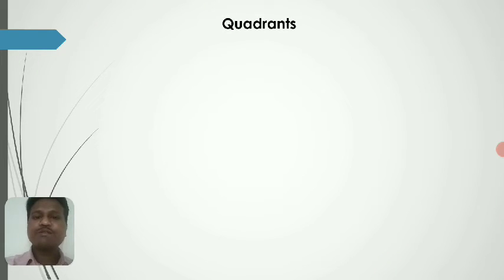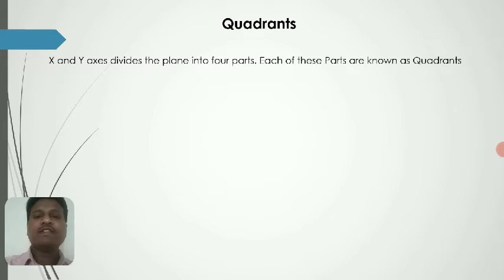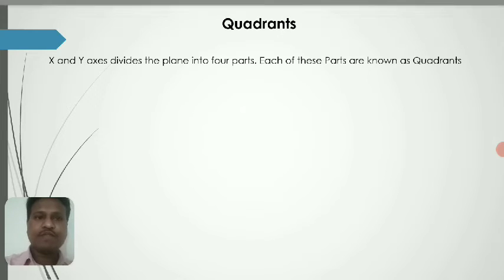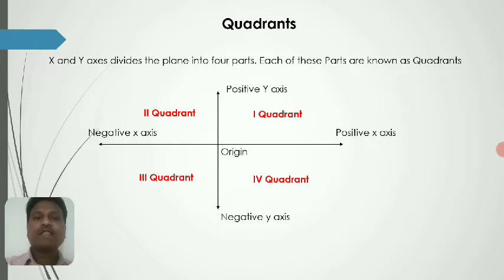Now we will see what is meant by quadrants. There are 4 quadrants. How are these formed? When these two mutually perpendicular axes cut each other, that means they are dividing the plane into 4 parts, and these 4 parts are known as quadrants. We need to move anti-clockwise to number the quadrants. For example, the first quadrant is between the positive y-axis and the positive x-axis.